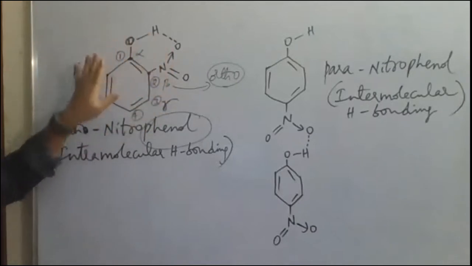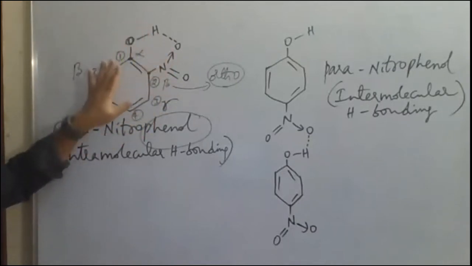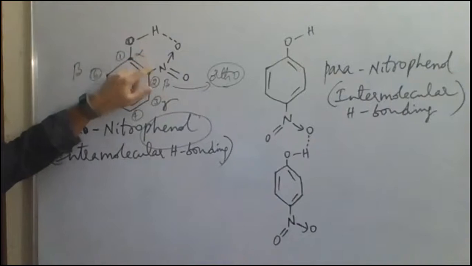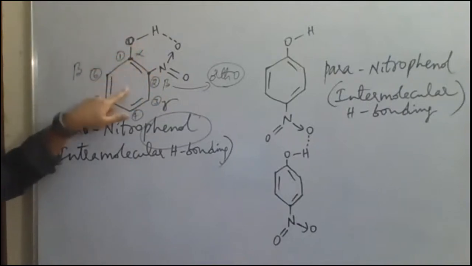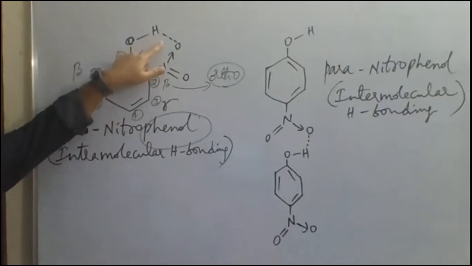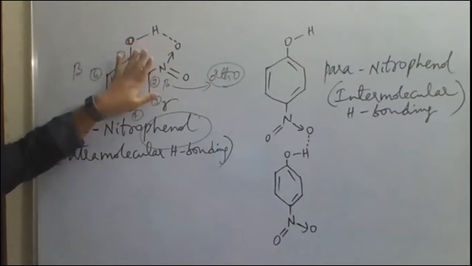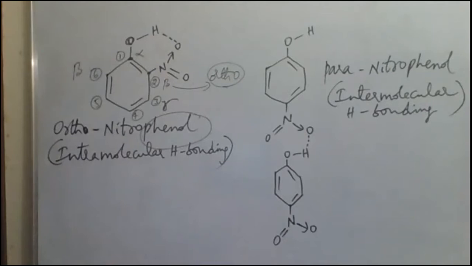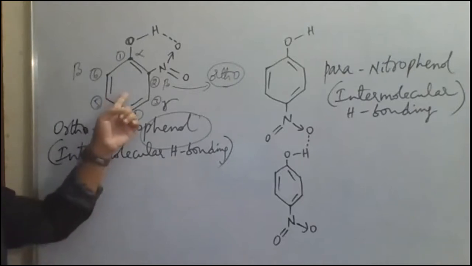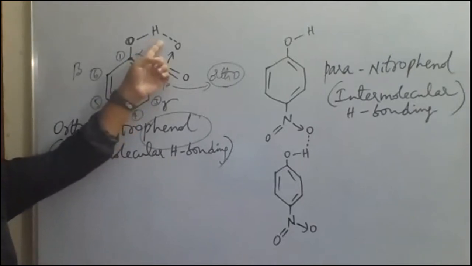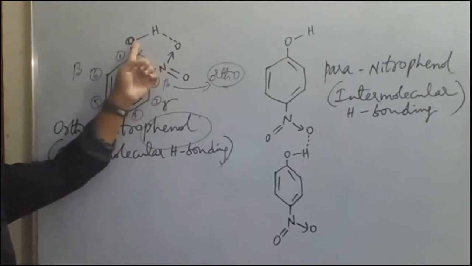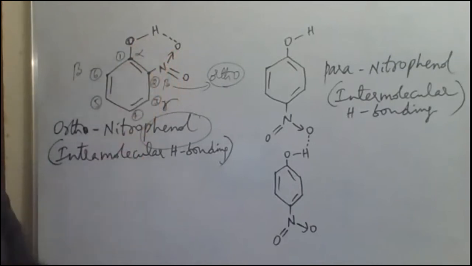That's why it is called intramolecular hydrogen bonding. Intra means within the same molecule. The hydrogen bonding is between the hydrogen atom of the OH group and the oxygen atom of the NO2 group.